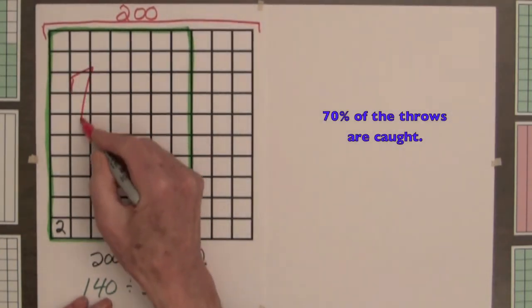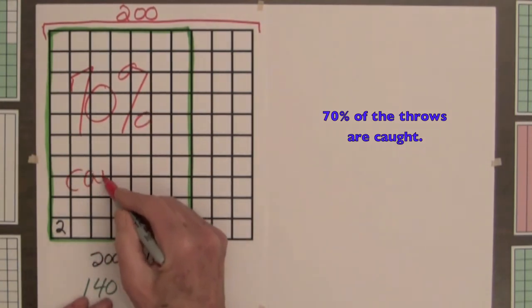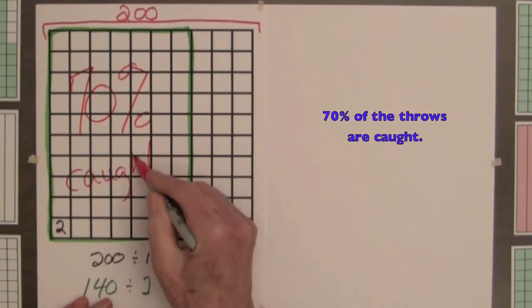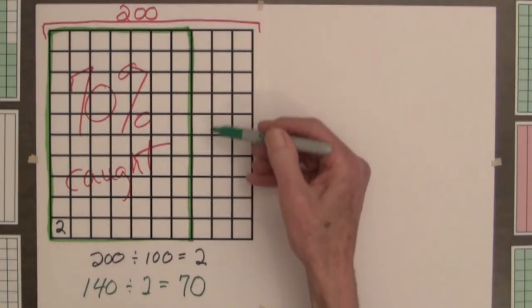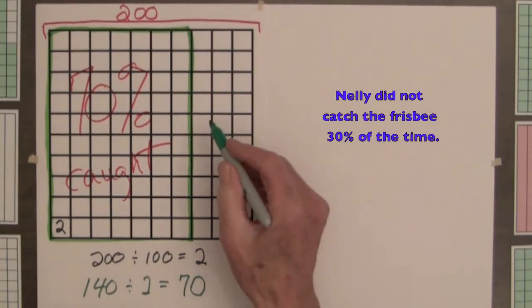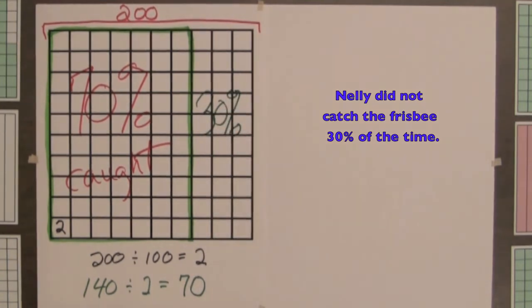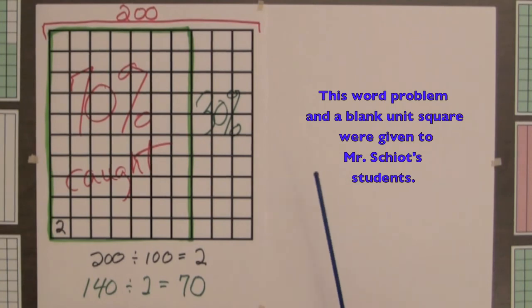So 70% were caught, and the remaining 30 squares show that Nellie did not catch the frisbee 30% of the time.